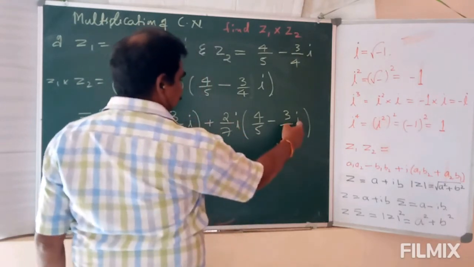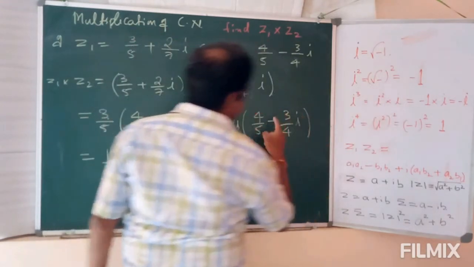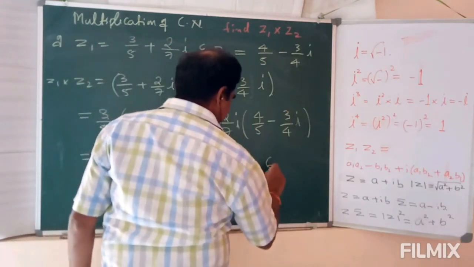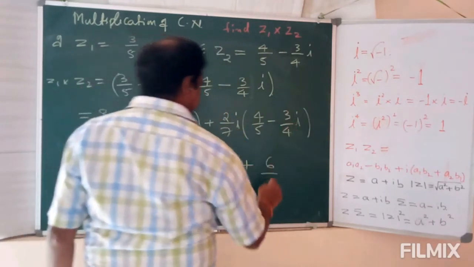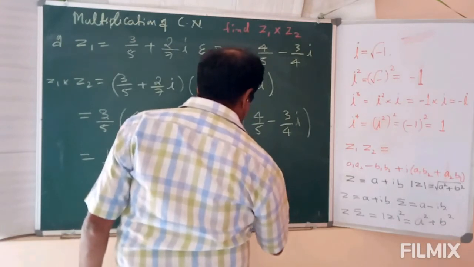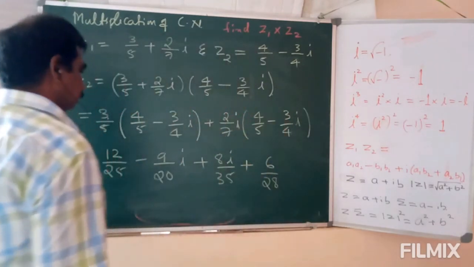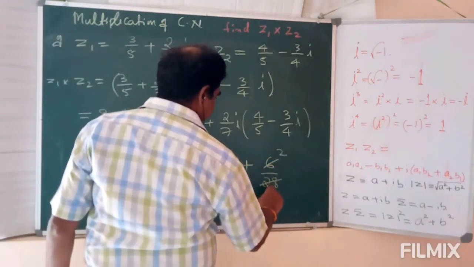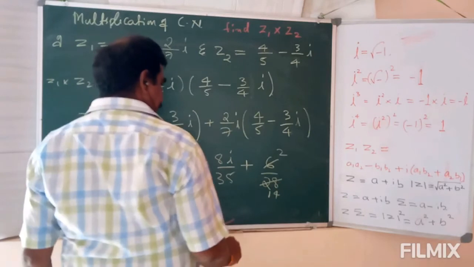i into i is i square. What is i square? Minus 1. Minus into minus is plus, 2 into 3 is 6 by 7 into 4 is 28. Understand? This is nothing but 3 by 14.